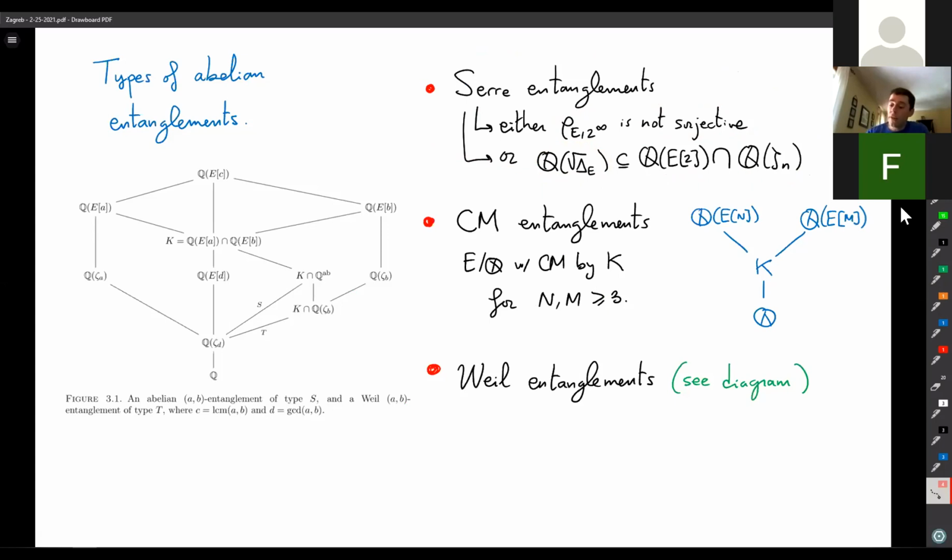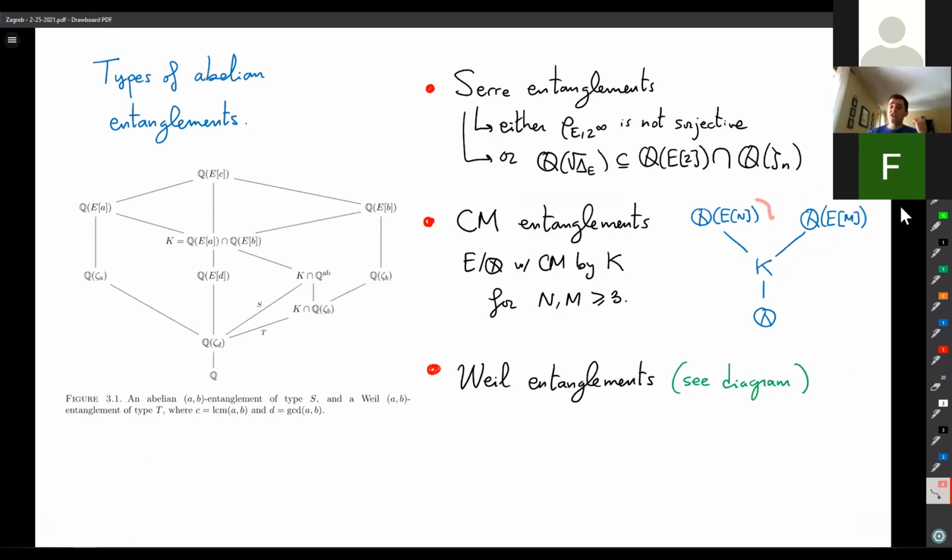Okay. There is also something that is related to complex multiplication. So this CM entanglement comes from the fact that if you have an elliptic curve with CM by a quadratic imaginary field K, it turns out that for all n greater than or equal to 3, K is contained in the n division field. So you actually have K both in the n and the m division fields.